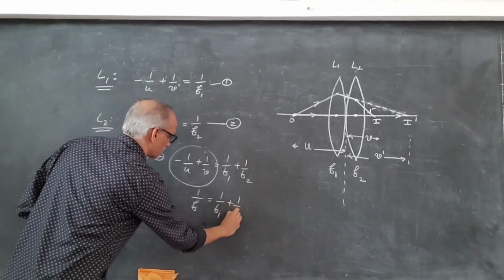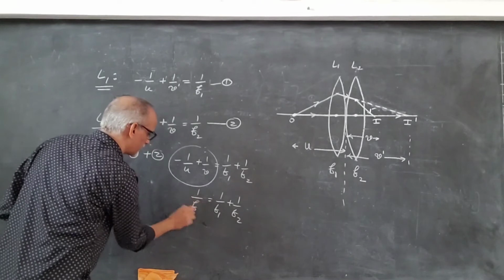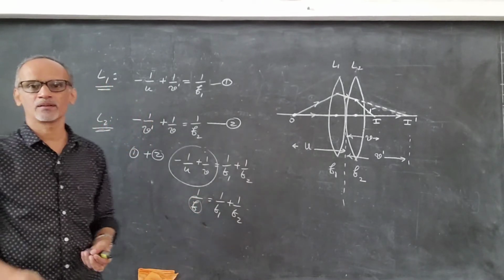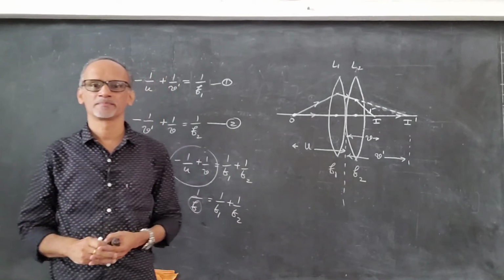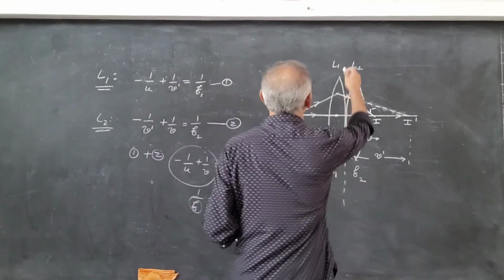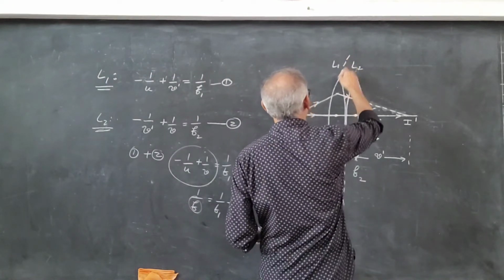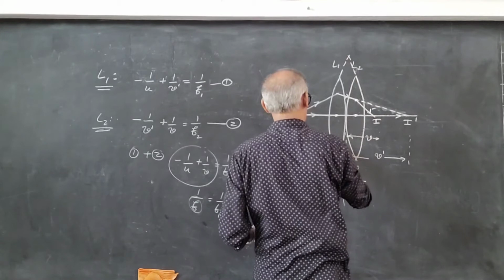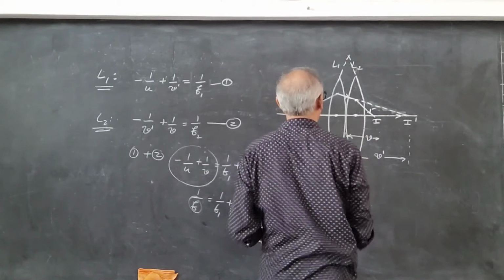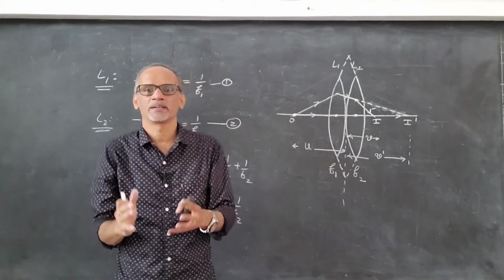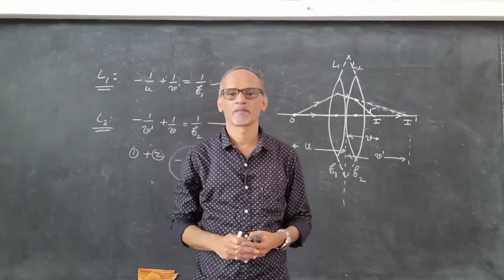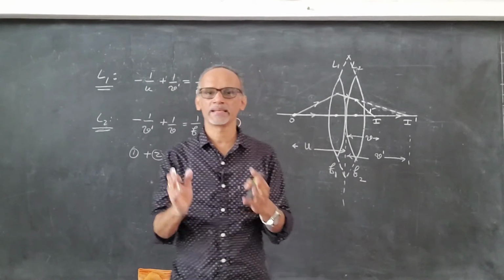And this f is called the focal length of the equivalent lens. Now if I extend these two lenses, the combination acts like a single lens. So when two lenses are combined together, the entire combination behaves like a single lens.